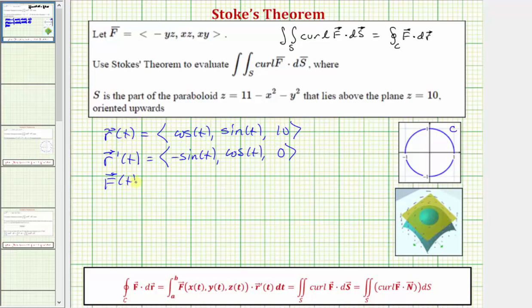So F of t would be equal to, well, using the parameterization of the curve C given by r of t, notice how x equals cosine t, y equals sine t, and z equals 10. So the x component, which is negative yz, would be negative sine t times 10, or negative 10 sine t. The y component is xz, which would be cosine t times 10, or 10 cosine t. And the z component is xy, which would be cosine t sine t.